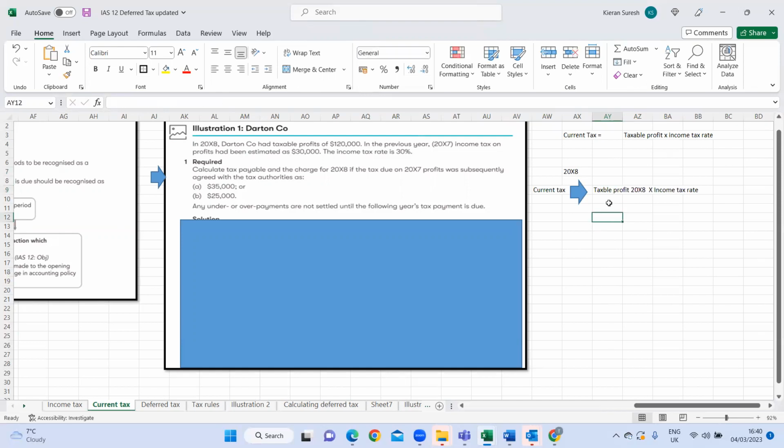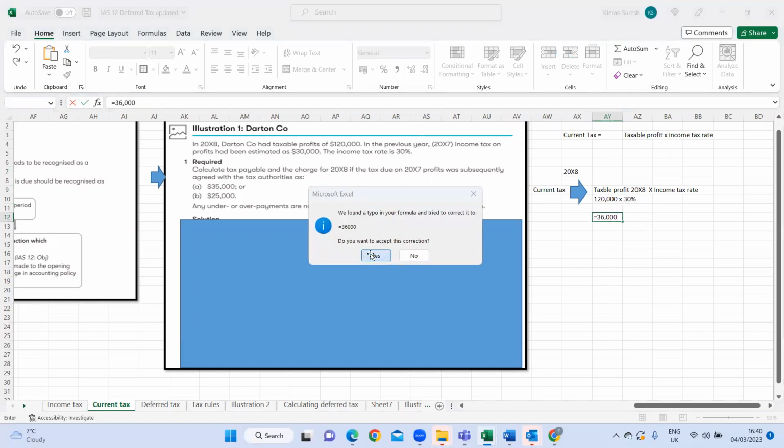The taxable profit here, I was told, is $120,000. That times the rate of 30%, if I work this out, I get 36,000 as my current tax.